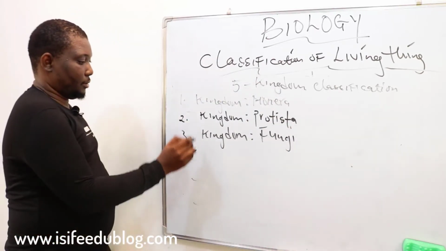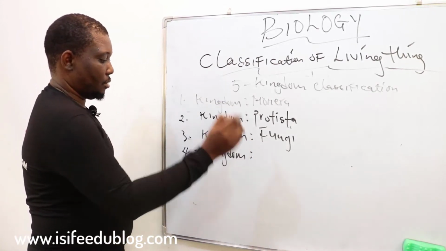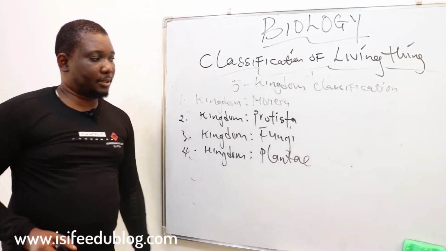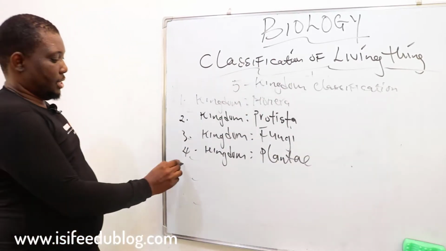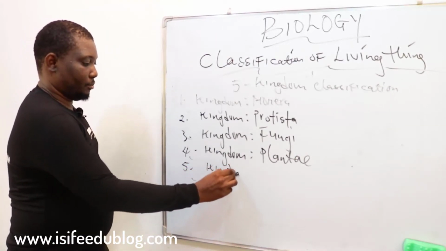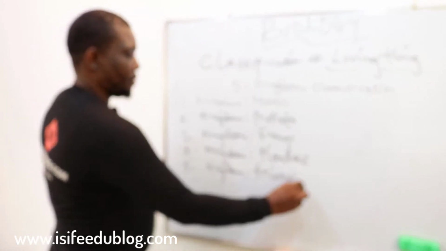The 4th is kingdom Plantae, or plants. Then 5, we have kingdom Animalia.